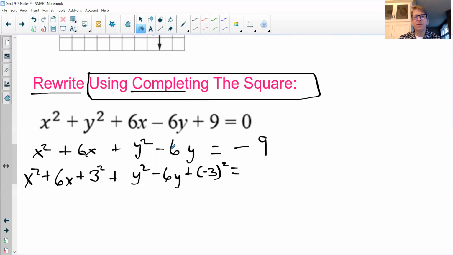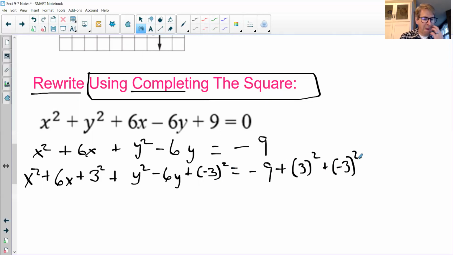Now, this is an equation, so we can't just do whatever we want unless we do it to this side too. So since we add this positive 3 squared and the negative 3 squared, we add both the 3 squared and the negative 3 quantity squared on the other side to balance out the equation.